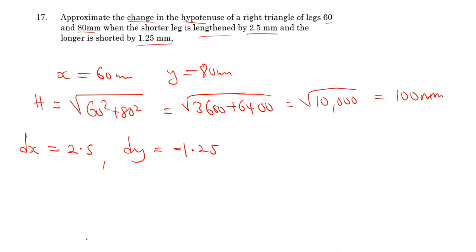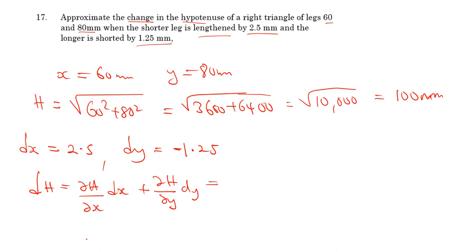Now we go back to the change in h formula, which we earlier had written as partial of h over partial of x, multiplied by dx, plus partial of h over partial of y, multiplied by dy. Now what is this going to give me?